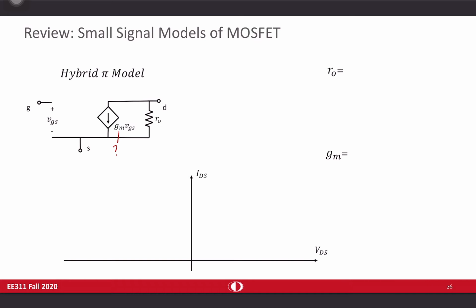Again, we can continue with the definition. GM is transconductance. This is the transconductance of the transistor. If it is transconductance, as the name implies, it should relate output current with the input voltage. So it is I divided by V.